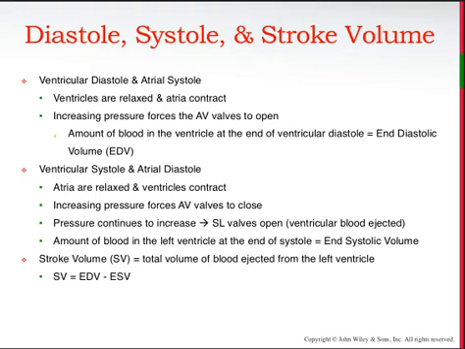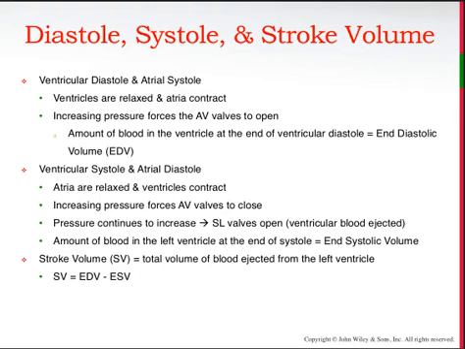Pressure will continue to increase, and when it does, those semilunar valves will open: the semilunar valve into the pulmonary trunk from the right ventricle and into the aorta from the left ventricle. We're going to eject that blood out of those ventricles, and the amount of blood that remains in the left ventricle at the end of systole, at the end of contraction, is called the end systolic volume.